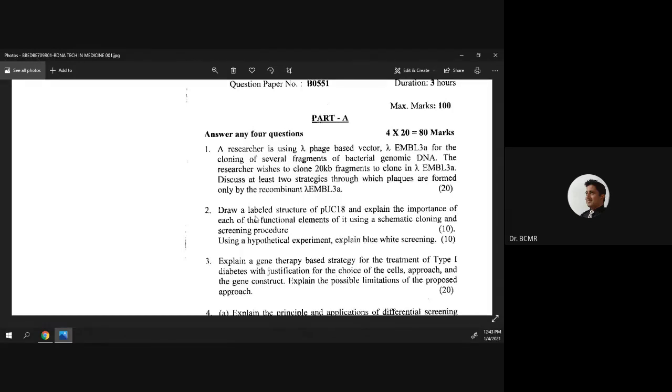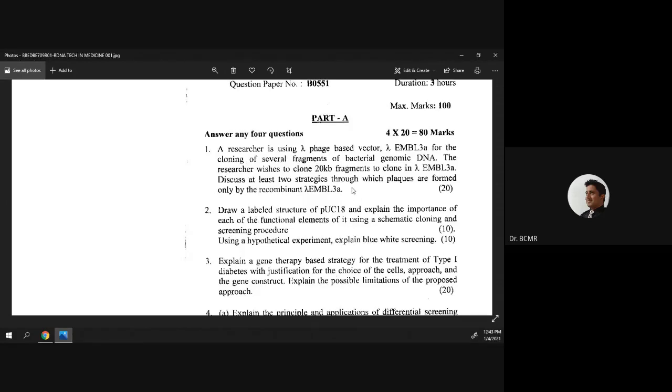When you are presenting it, it should be clear to us. You should be specific. You should have labeled everything, and you should have given the logic of why that particular event is done, or a factor or component is present. What is the use of it? You should be able to describe it.